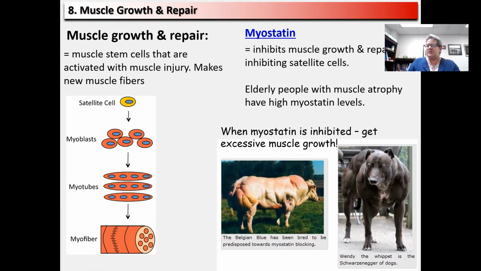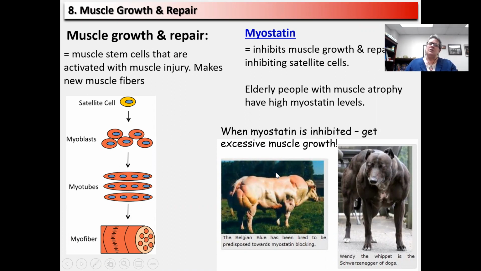Now, it's known that elderly people have high myostatin levels in their blood, and that might be associated with some of the muscle loss or muscle atrophy that can happen with age. But we've come a long way, and if people are healthy and they can exercise, some moderate weight training can actually prevent this muscle atrophy as you age.